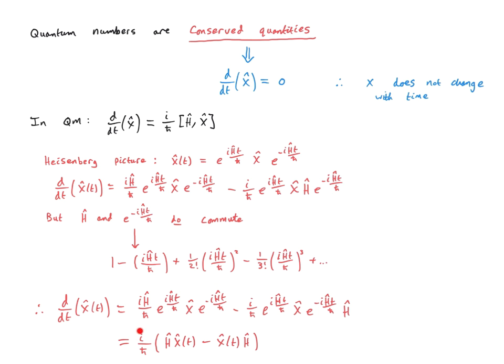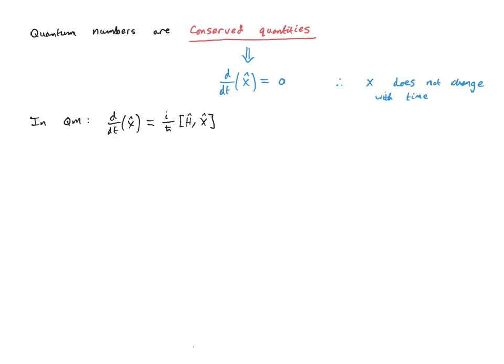This gives me i upon h bar of H times x of t minus x of t times H. And of course this gives i upon h bar of the commutator of the Hamiltonian with the operator x, as originally advertised.